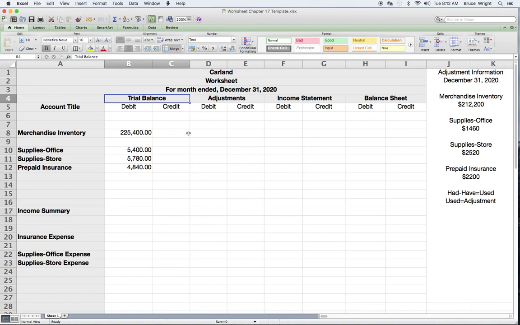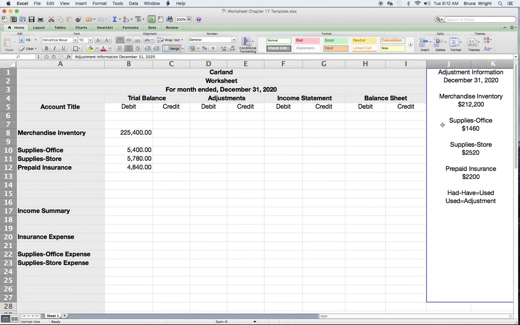Now, if you remember, after we did that, we have to adjust some accounts. In our service business, we adjusted supplies and prepaid insurance. Well, if you look over here to the right, we have 4 that we have to adjust now: merchandise inventory, supplies office, supplies store, and prepaid insurance.